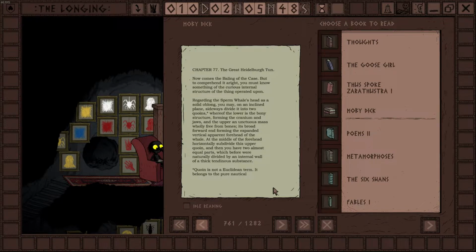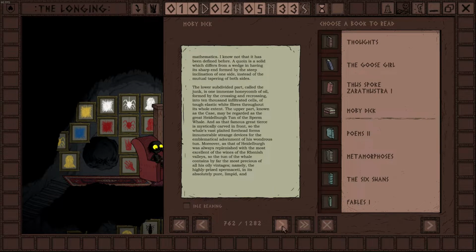At the middle of the forehead, horizontally subdivide this upper quoin, and then you have two almost equal parts, which before were naturally divided by an internal wall of a thick tendinous substance. The lower subdivided part, called the junk, is one immense honeycomb of oil, formed by the crossing and recrossing into 10,000 infiltrated cells of tough elastic white fibres throughout its whole extent.